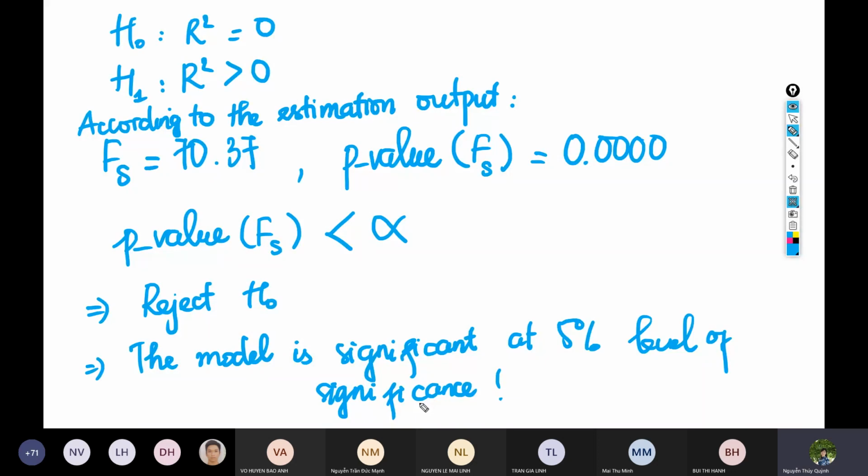Sometimes when I ask you to test for the overall significance of the model but I don't provide you the critical value, then obviously you have to use the p-value approach. So that is the test for the overall significance of the model.